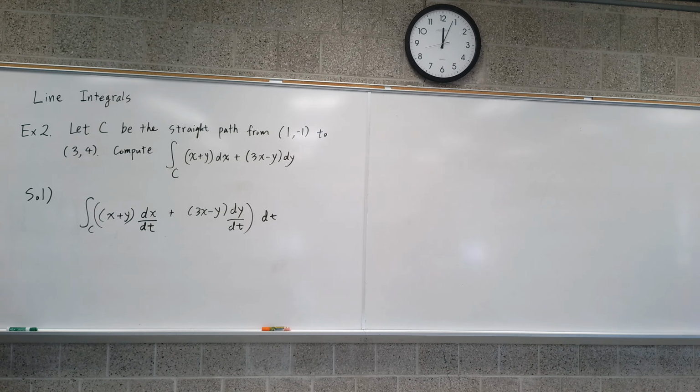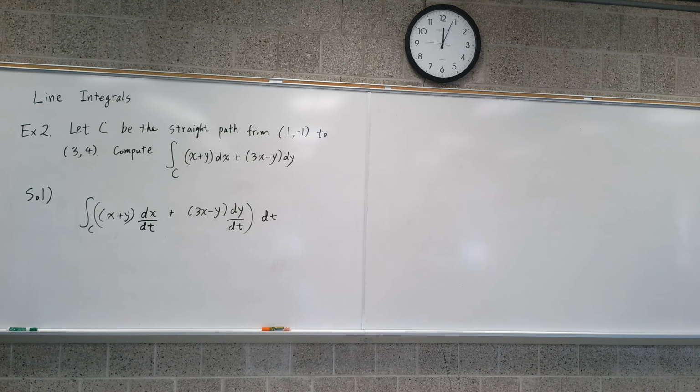Okay? That's always the idea. And then if you look at this one, this is really like a dot product where you have x plus y comma 3x minus y dotted with dx/dt comma dy/dt, right?